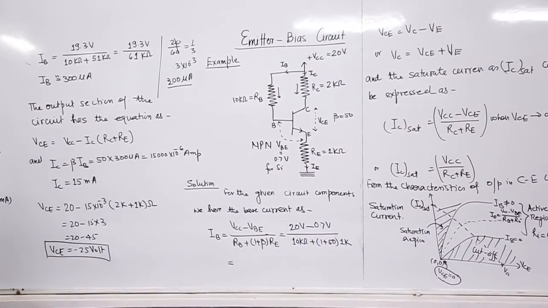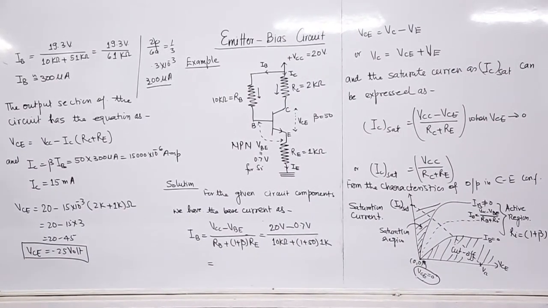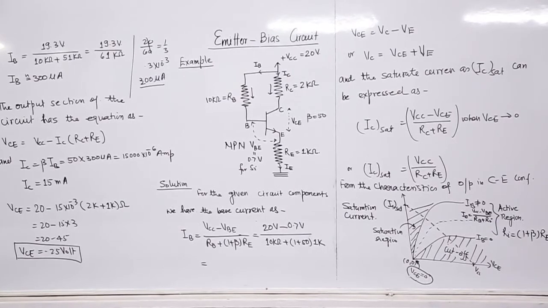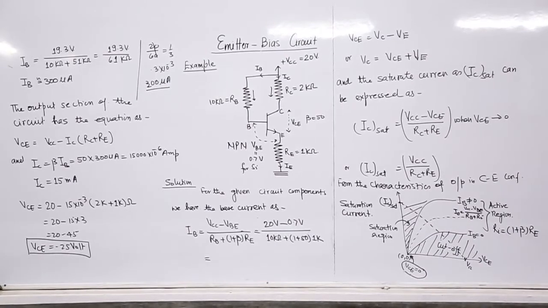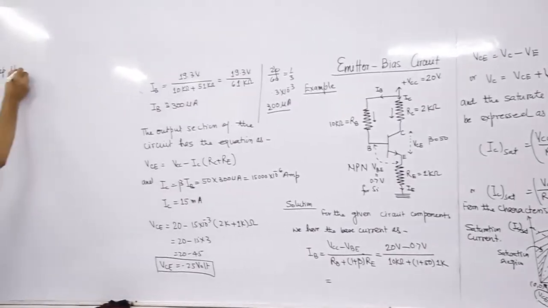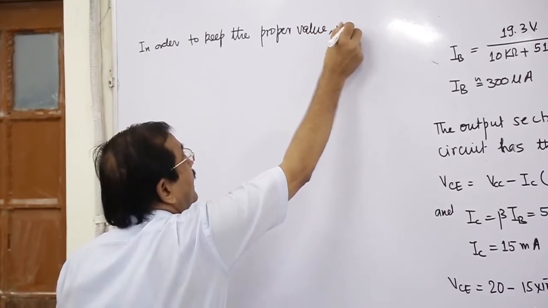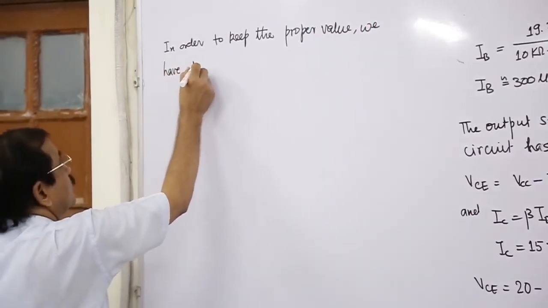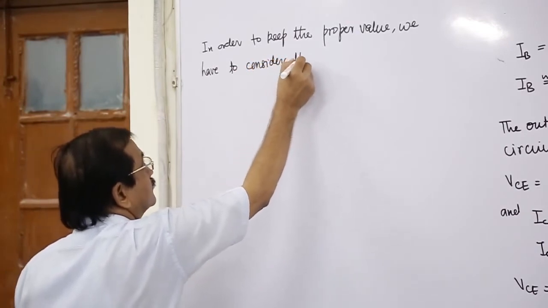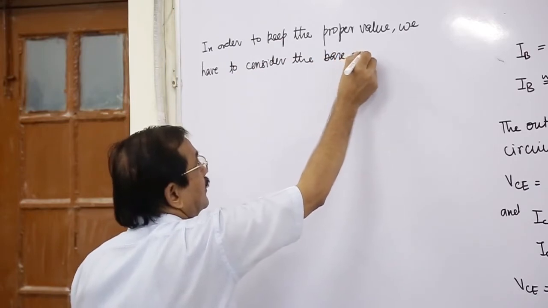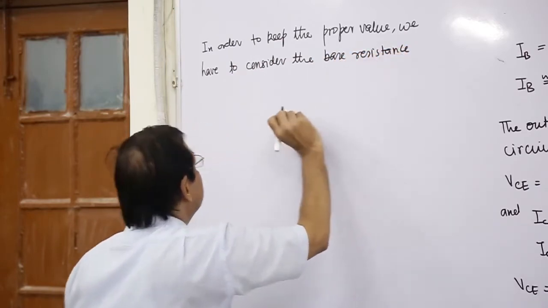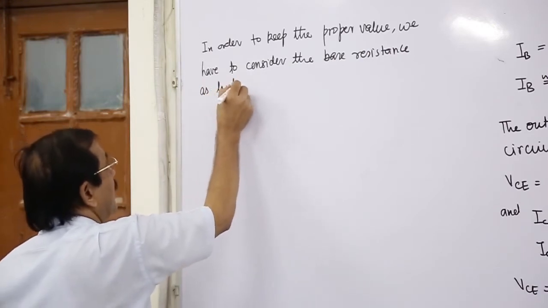So, in order to keep the proper value, we have to consider the base resistance as high as possible.